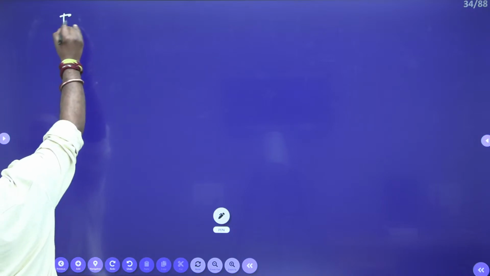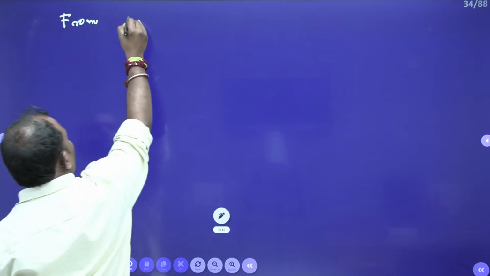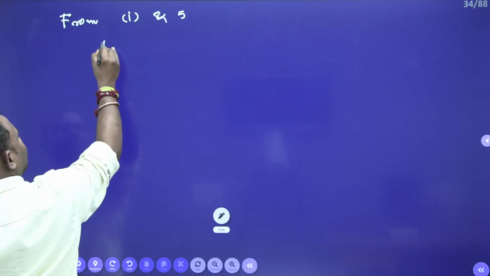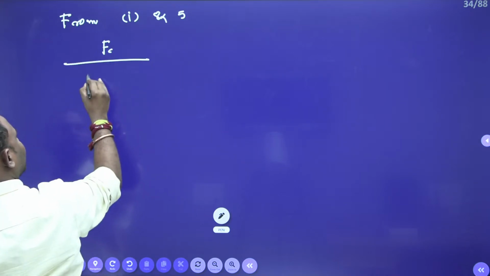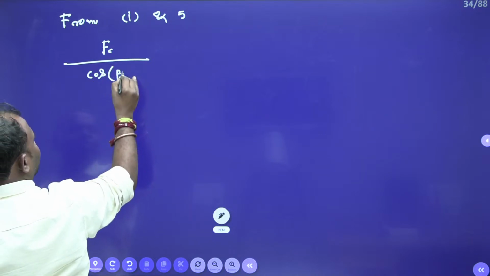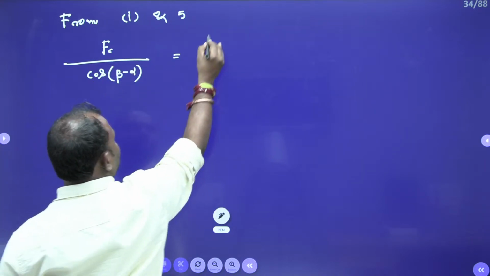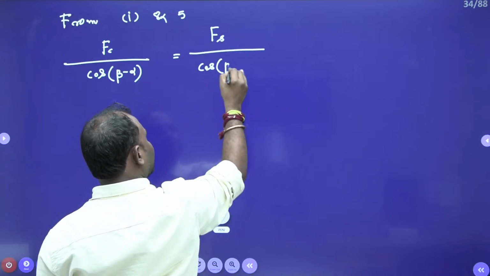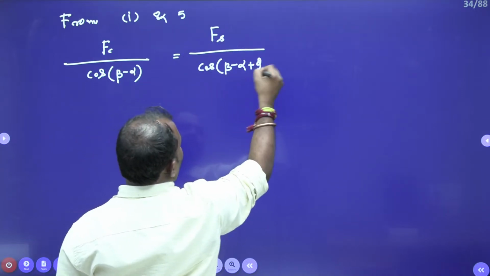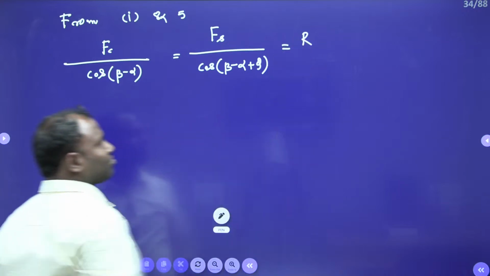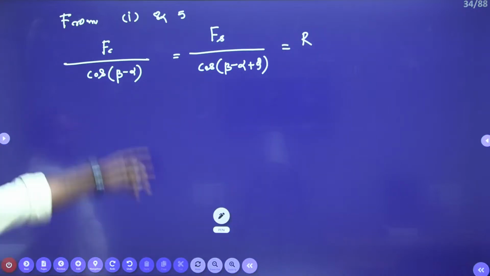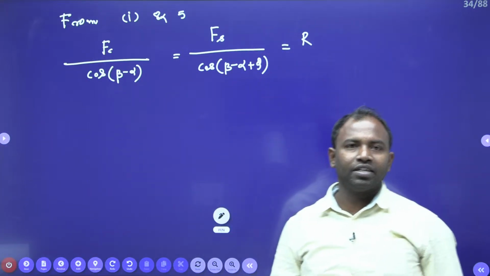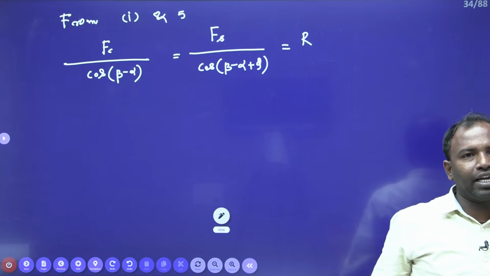From equation number 1 and 5, I can write Fc divided by cos of (beta minus alpha) is equal to Fs divided by cos of (beta minus alpha plus phi), is equal to R. Isn't it, guys? Right? If I know Fc and these three angles, it is possible to find out Fs. Okay, Fc, Fr I can find easily.